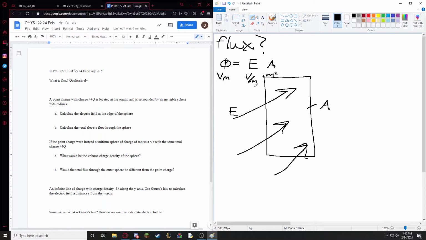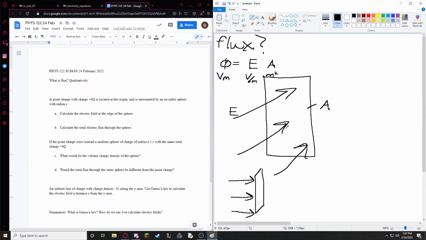I think so. Well, there is one specific example where that is the case, but it's not the general example. If we have a surface here, say this is a cross section of the surface, and our electric field is perfectly perpendicular to the surface, and our electric field is constant, then the flux would be E times the area.